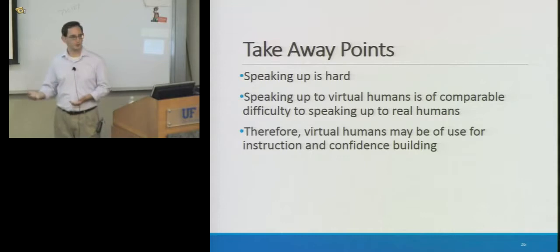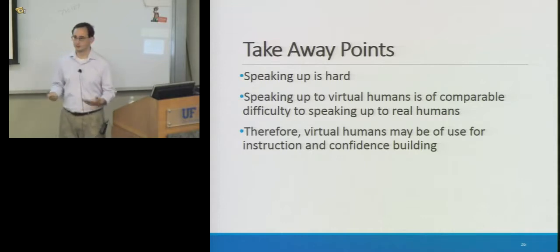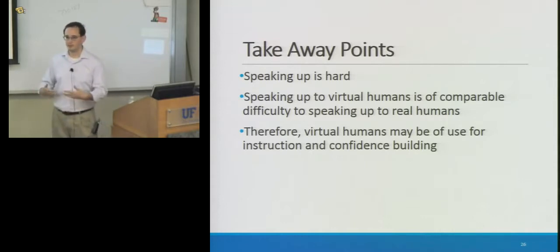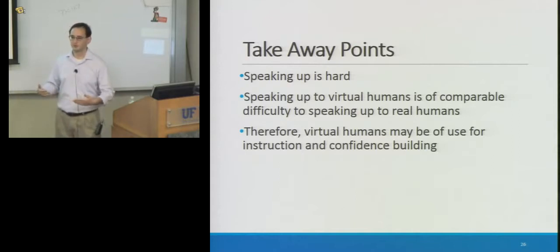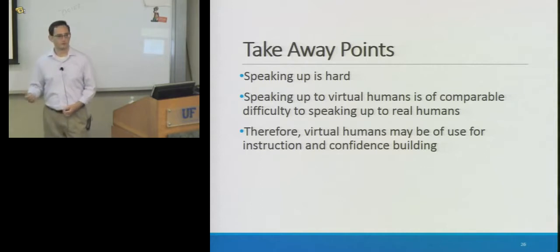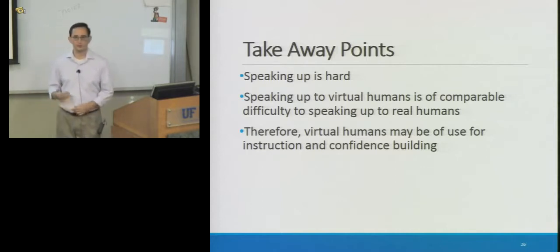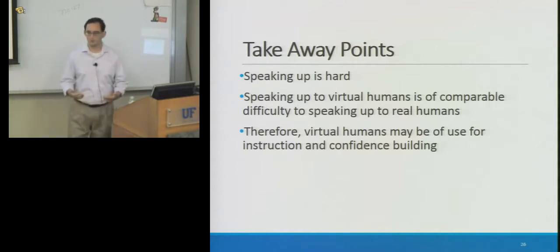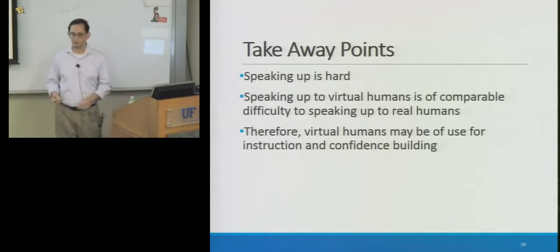A human surgeon could be harder than a virtual surgeon. It's hard to say definitively. Anytime you're saying two things are the same, it's very difficult to say that conclusively. But we are seeing that virtual humans aren't significantly easier than real humans, which could make them useful for training, because people are getting the ability to practice a skill in a difficult setting, and they can build confidence and technical ability.